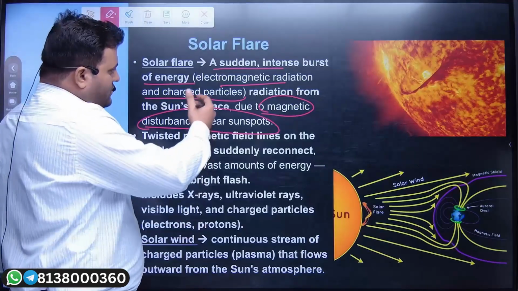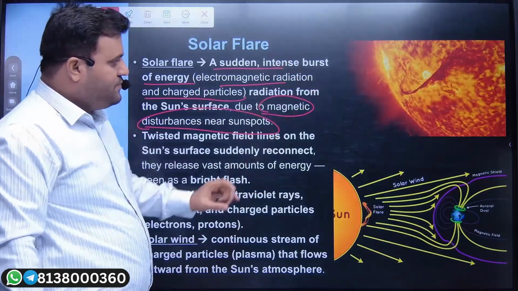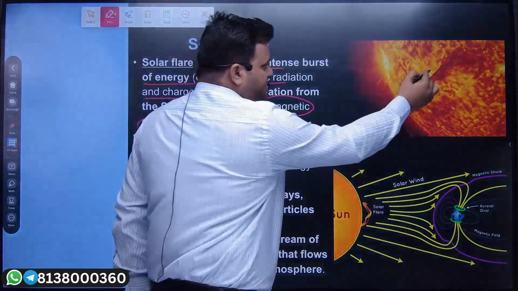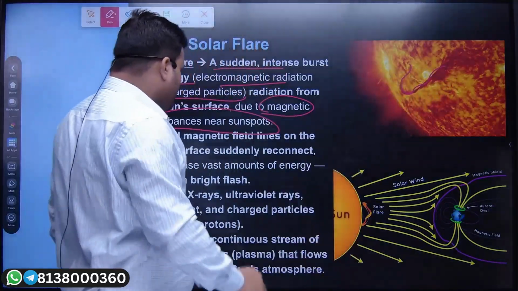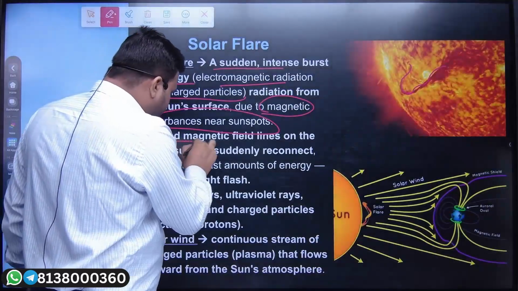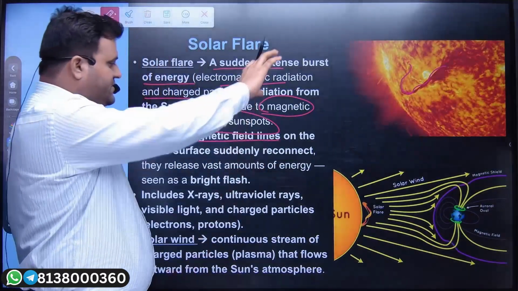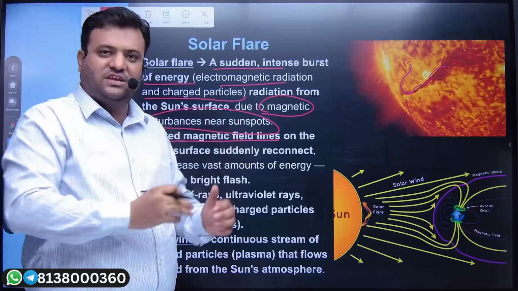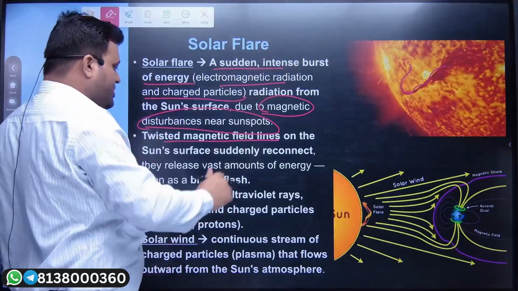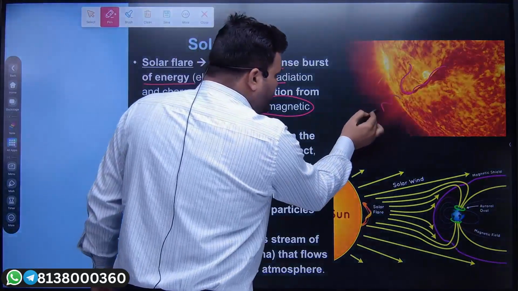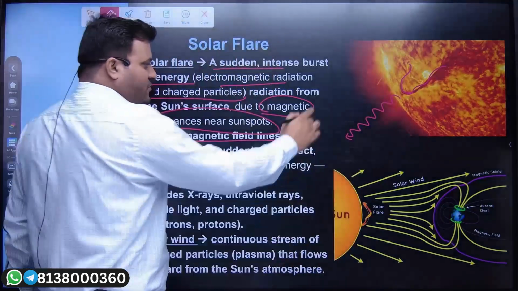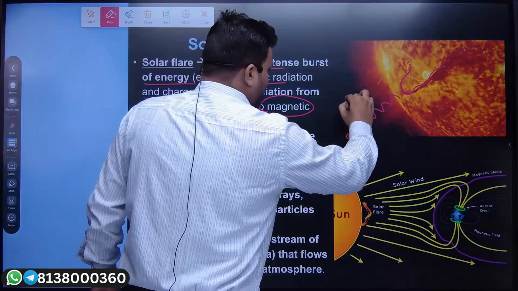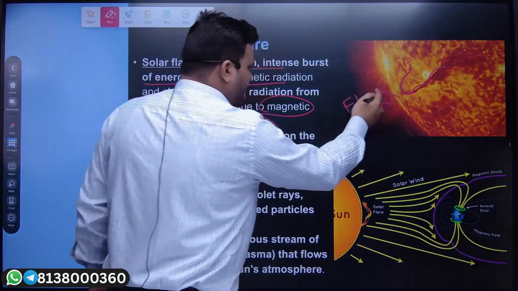This solar flare is produced whenever we have two twisted lines. When these two twisted magnetic field lines on the sun's surface reconnect with each other, what will happen? An intense burst of energy will be released, and this intense burst of energy will be termed flare.